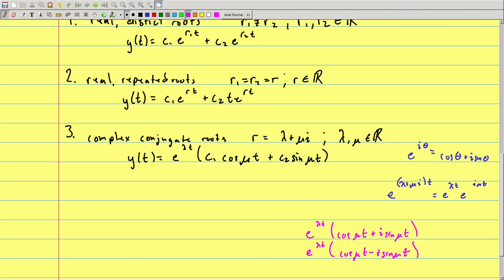Ultimately, what we want is to have just two linearly independent solutions, right? We can use the Wronskian to show that e to the lambda t cosine and e to the lambda t sine are linearly independent. That's enough.